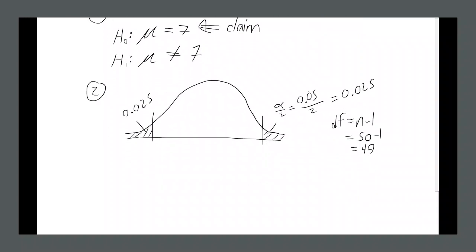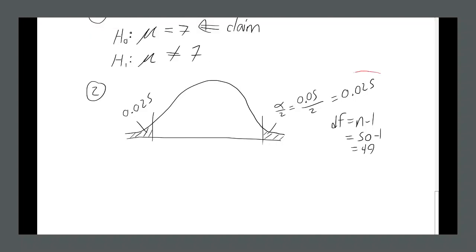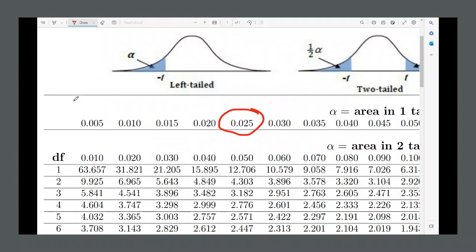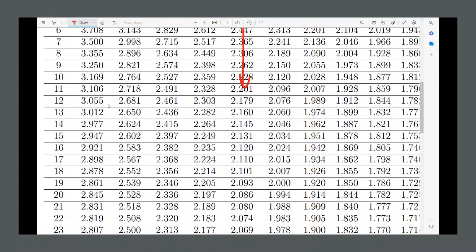So we'll have to go to the t-table and find a tail size of 0.025 and 49 degrees of freedom, or whatever we can find that's closest to that. So a tail size of 0.025 is right here.